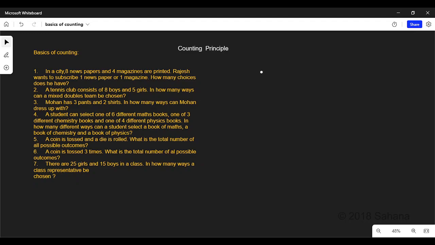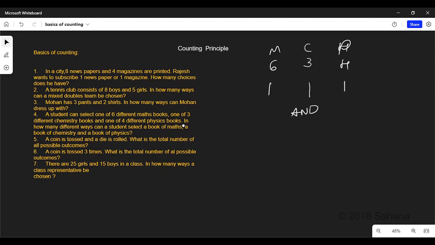It's and. He has to choose one math book out of 6, and out of 3 chemistry books he has to choose one, and out of 4 physics books he has to choose one.